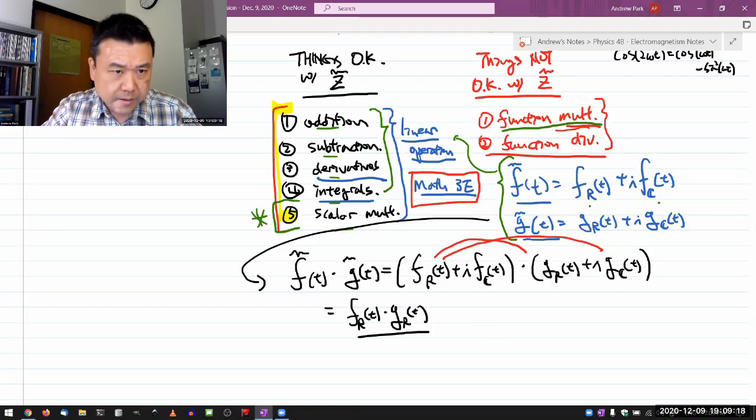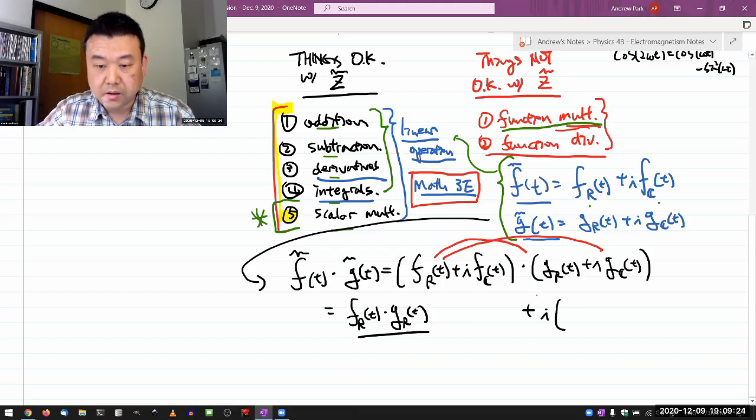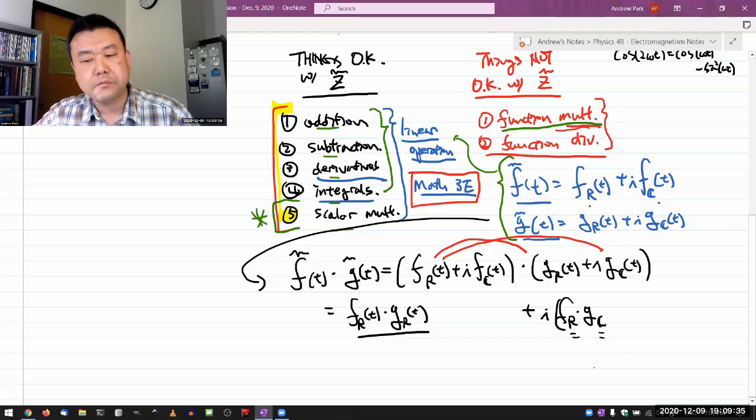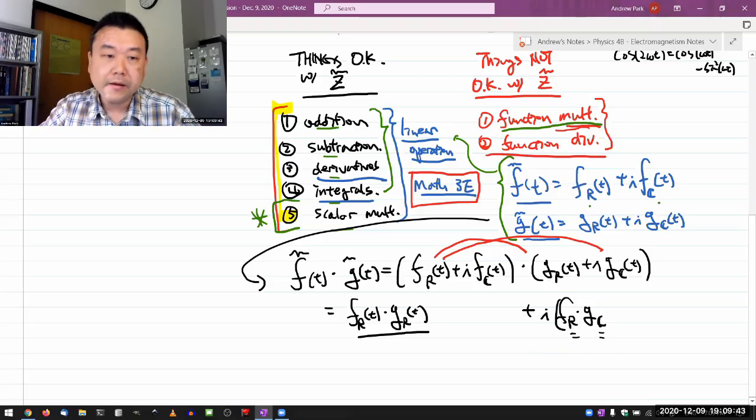Then let me try to separate this out as I'm writing the terms. So I'm going to write the terms with the imaginary i in separately here. So I get f_r times g complex, and the mixing of this concerns me a little, but you know what? It's in the imaginary part. Imaginary part, I'm going to throw it away later anyway, so maybe I don't care. Okay, let me keep going.